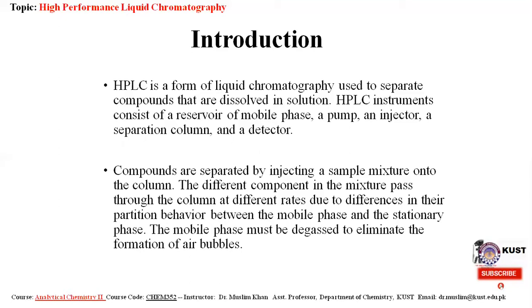The mobile phase must be degassed before the column to eliminate the formation of air bubbles in the column, because that can affect the column efficiency.